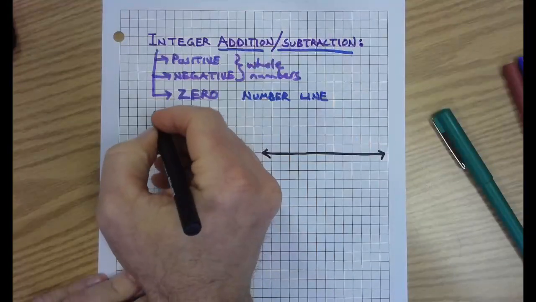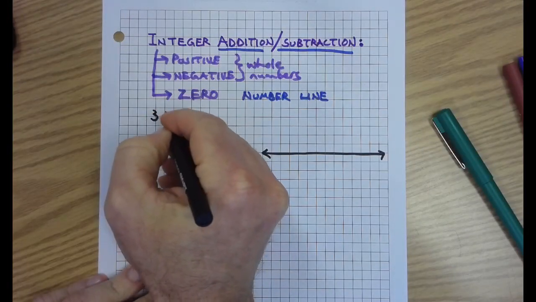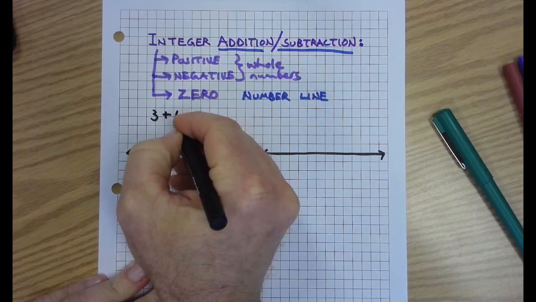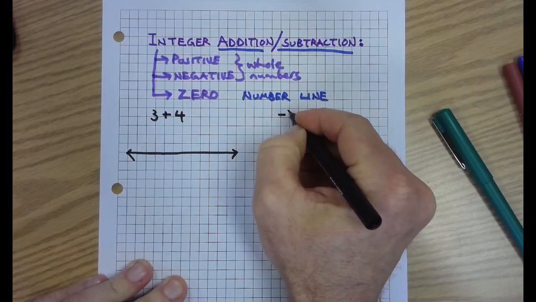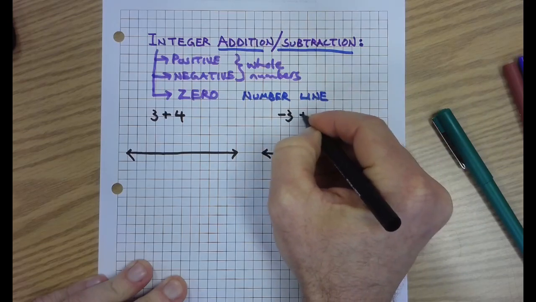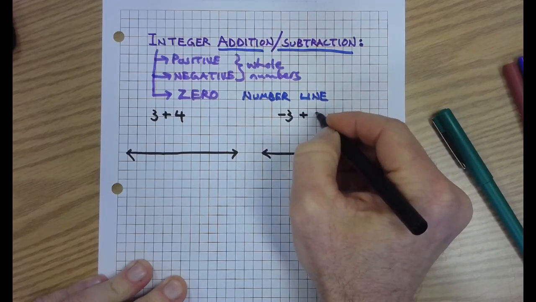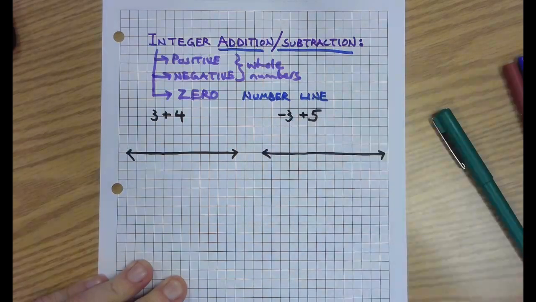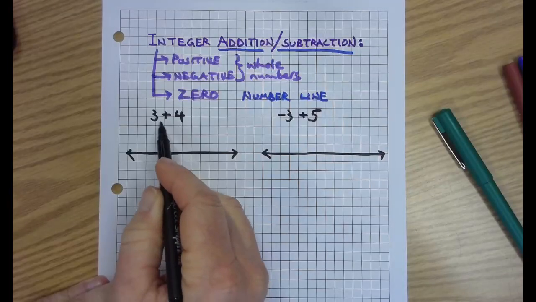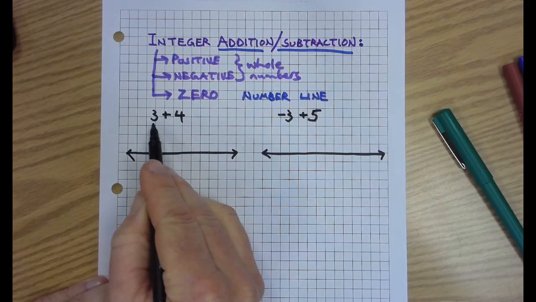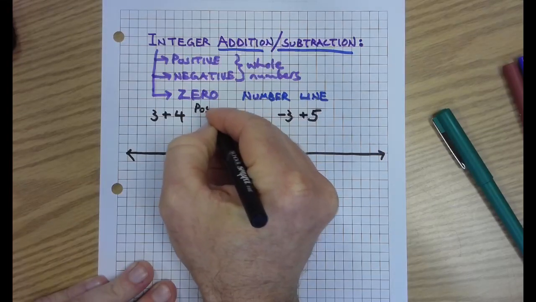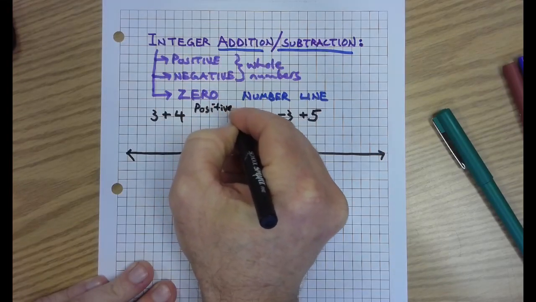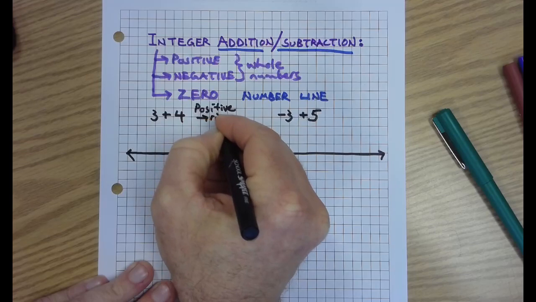Let's start with a positive and a positive, and then let's also do a negative plus a positive. Okay, so on this one, I can strategize that, hey, these are all positive values. On a number line, positive means go right.